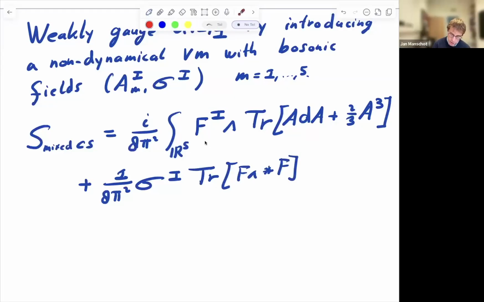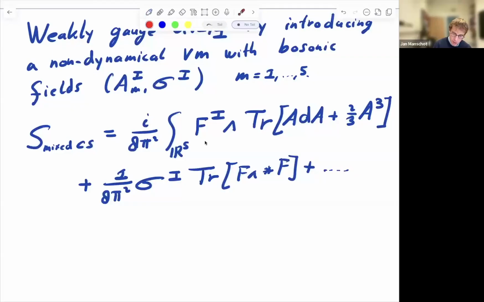If we supersymmetrize this term, we get other terms, and even though this term is topological, other terms are not necessarily topological. And so we get this expression of sigma^I multiplying trace F wedge star F, and then there are further terms also involving the fermions.